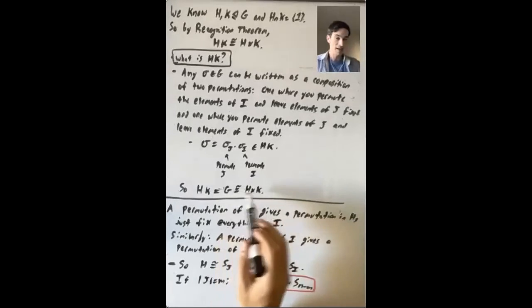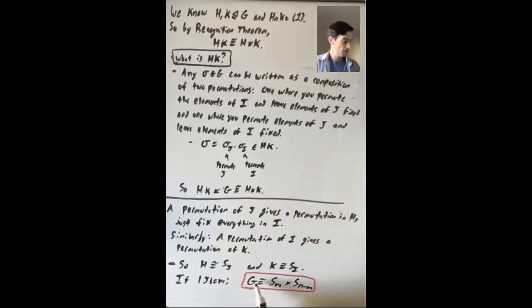So in this way, using the recognition theorem, we've seen that this G is isomorphic to Sm cross Sn minus m. So we found the subgroup inside of Sn that is isomorphic to a direct product of two smaller symmetric groups. So I'll pause and erase, and then we'll give one more example that comes from groups of permutations.